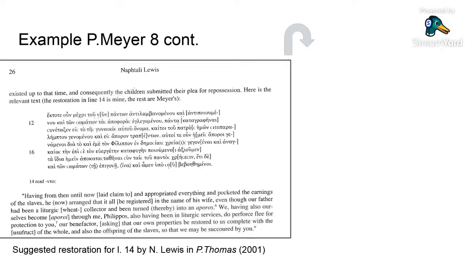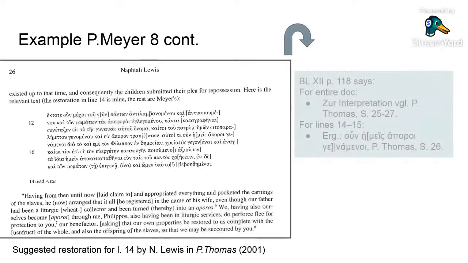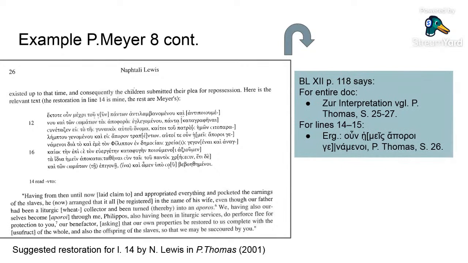Can you click a couple of times? Yes, thank you. So for that, we now have in the Berichtigungsliste volume 12 on page 118 an entry that says, for the entire document, for the interpretation, look at P. Thomas, pages 25 to 27.